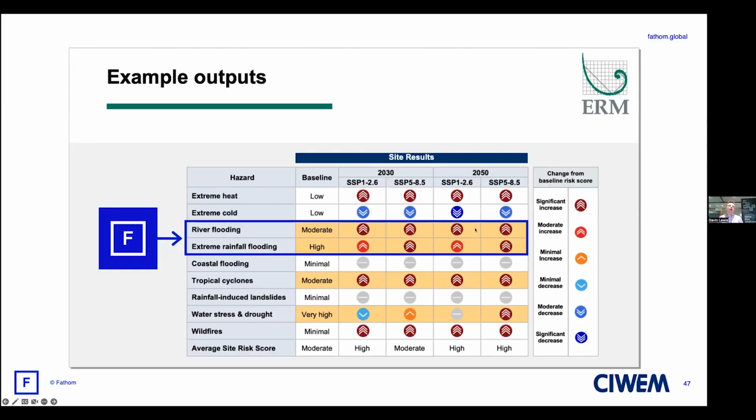This example is one of our partners, ERM, who are one of the largest global sustainability consultancies. And they've embedded Fathom climate condition flood hazard data into CRISP, their climate risks, impacts and solutions platform that combines a range of climate condition hazards to identify financial risks and opportunities that can inform organizations' plans as they transition to a low carbon economy.